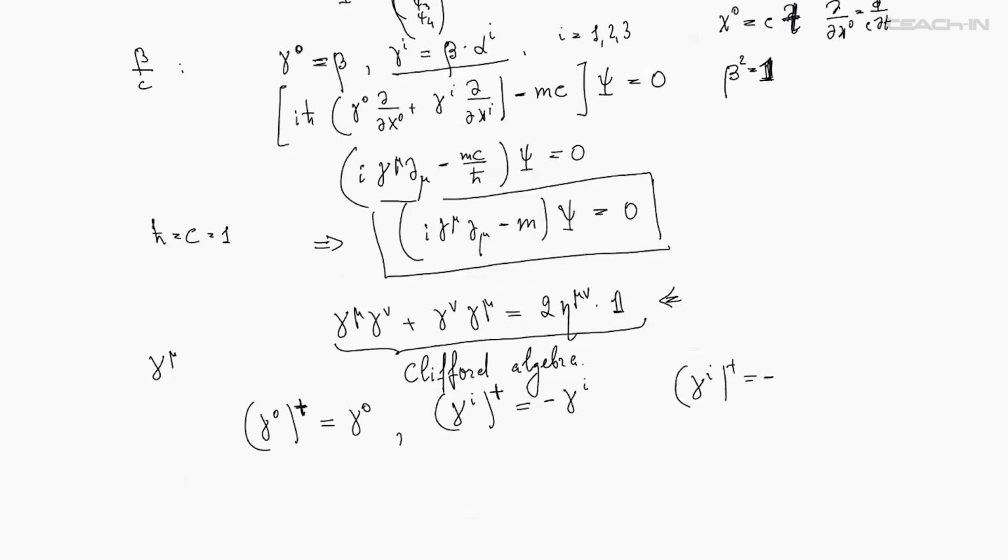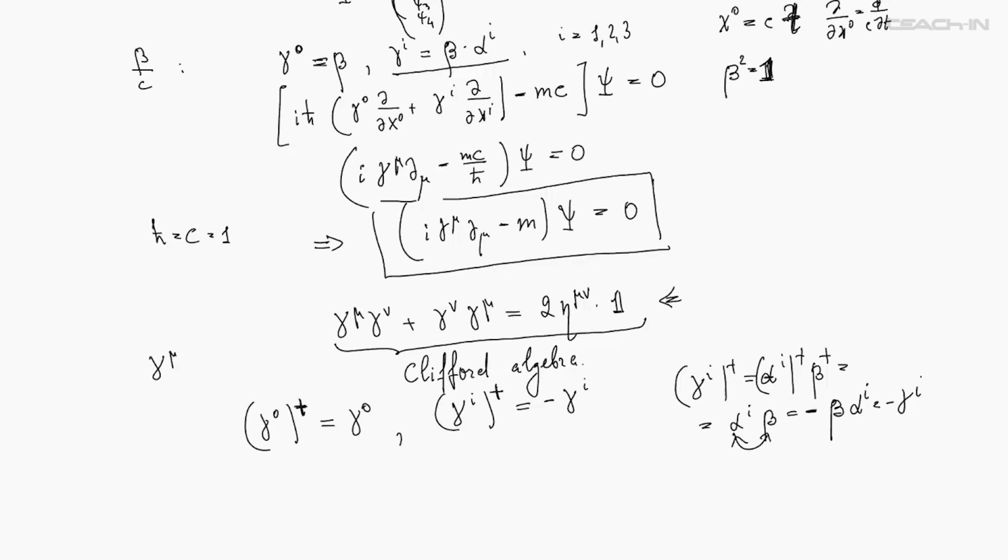Alpha i and beta are Hermitian, but then we need to commute alpha i with beta, and that results in the appearance of a minus sign, due to the relation between beta and alpha i. So it gives beta multiplied by alpha i, which is minus gamma i. And so matrices gamma i, as a consequence, are anti-Hermitian.